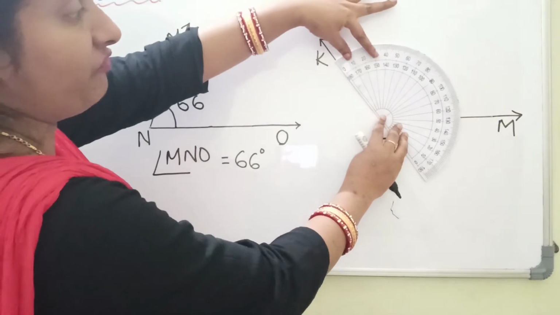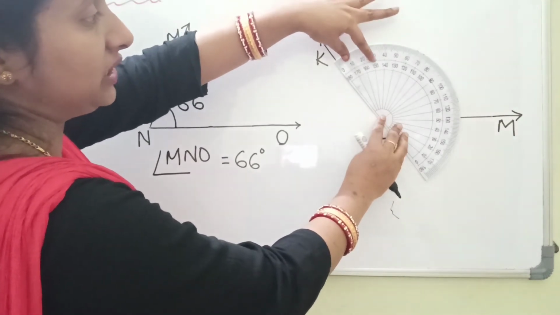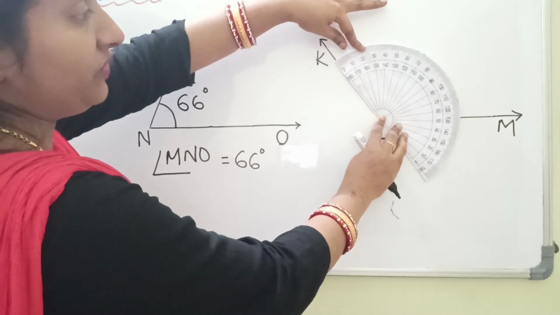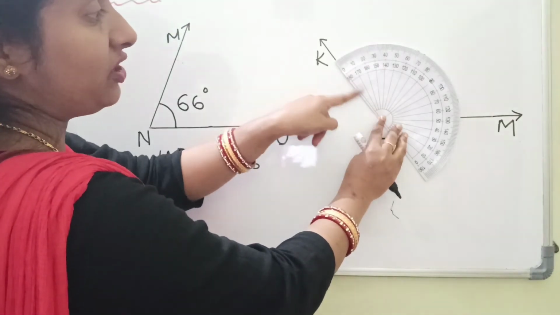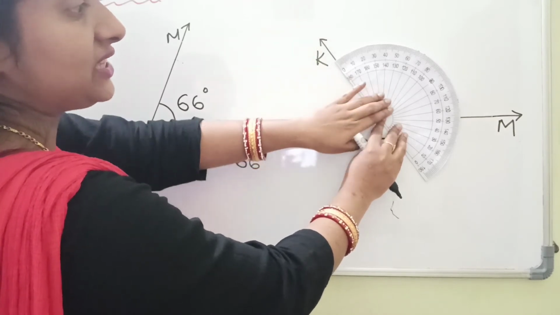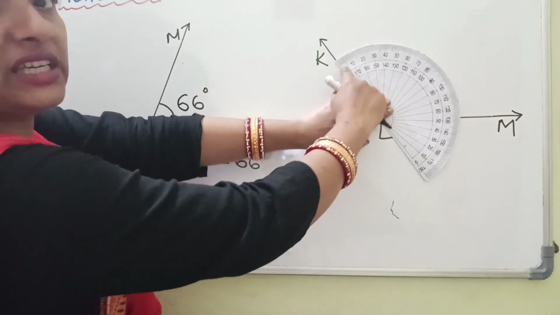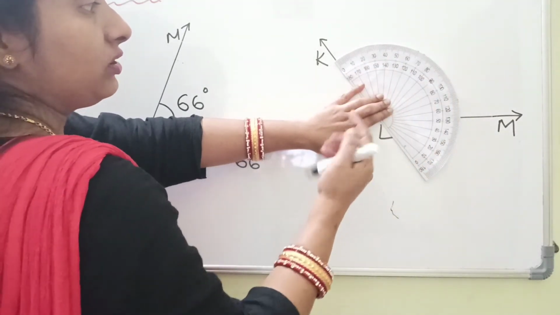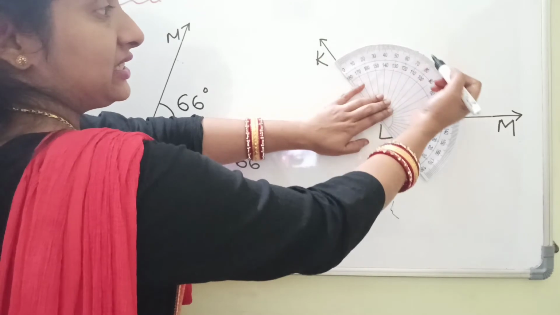Now you see, when the base line is along one of the arm and the left side of the base line is along the arm, then we will consider the outer scale. We will see the reading in the outer scale. Now one by one let us see the reading.